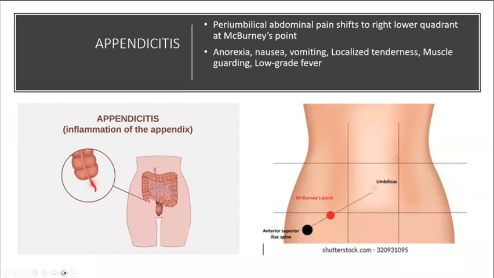What's our plan in managing these patients? Again, we want to make sure we are not using any heating pads because it can cause the appendix to rupture. So no heating pads, no enemas, no laxatives, because either of these can cause the appendix to rupture.